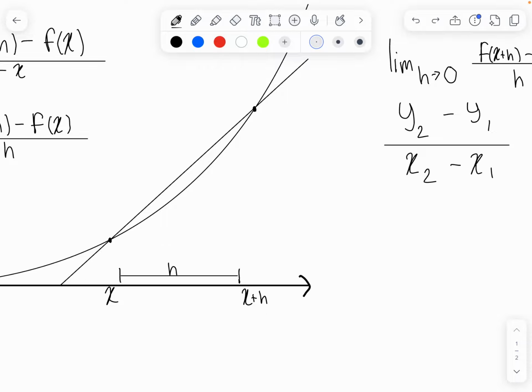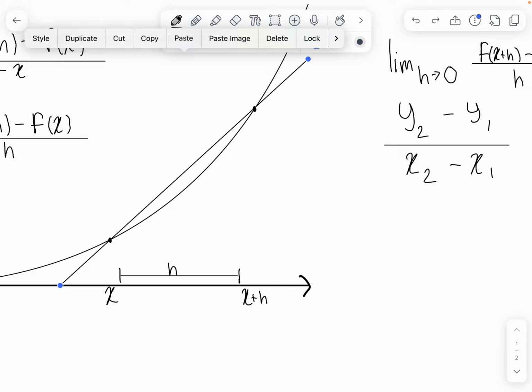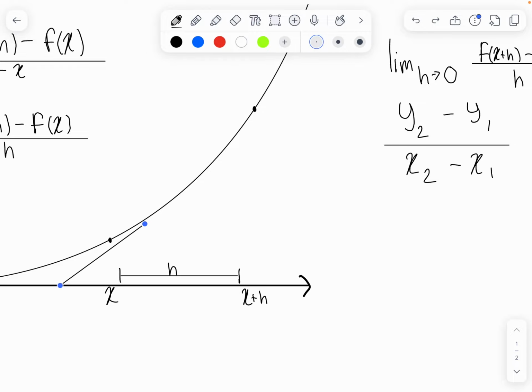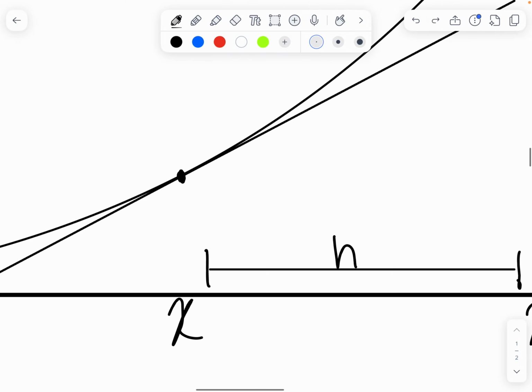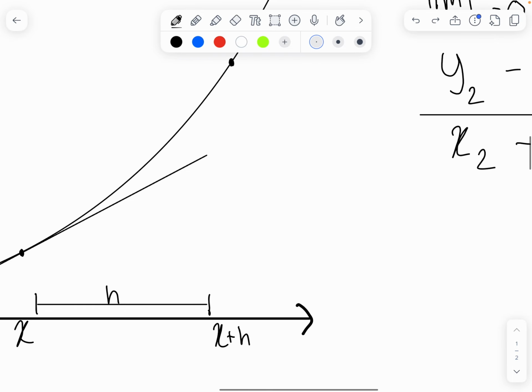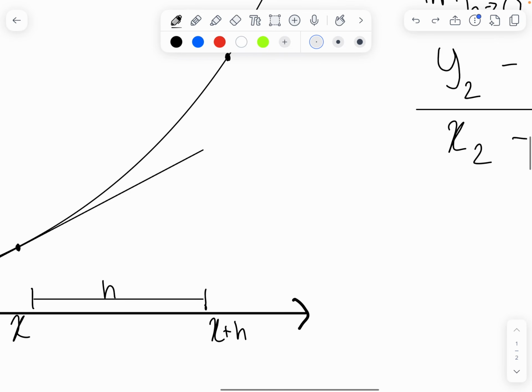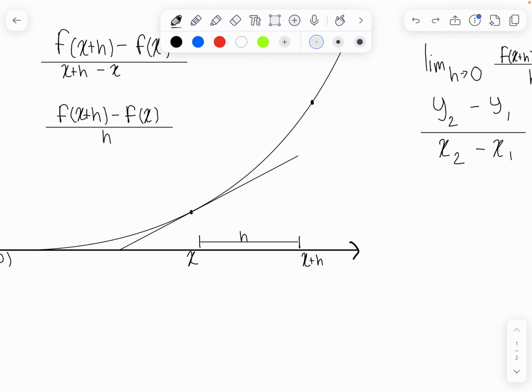So, if the limit is of h approaching 0, it's just trying to say that if you made the distance ridiculously small, to the point where you can't even see the actual distance, so no matter how much I zoom in, it's going to infinitely approach 0.